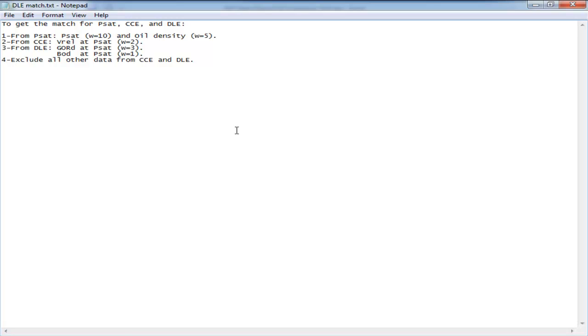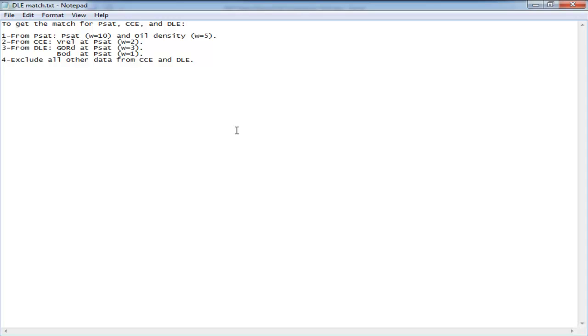So this is one point, one point; now we have two points. In step 2, we talked about relative volume with this weight. We have seen that if we match oil density by volume shift, this one maybe is not needed.